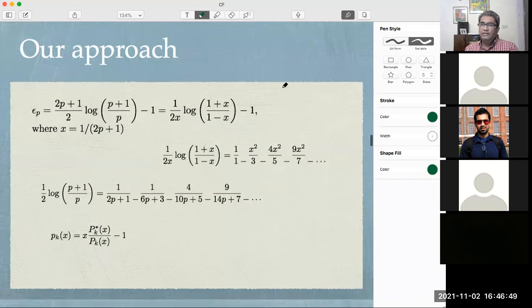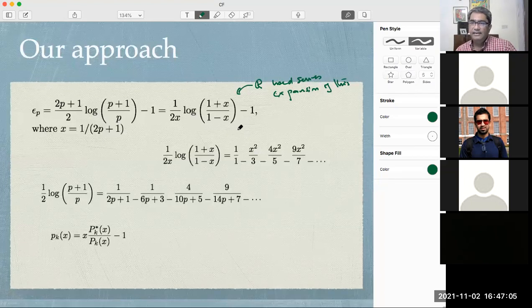And what Robbins did was use a series expansion of this. And this expression right here has a continued fraction expansion also, which looks very nice.